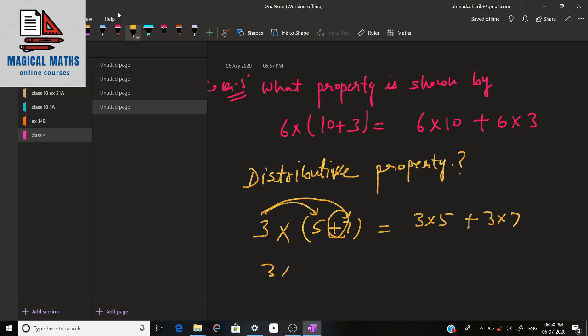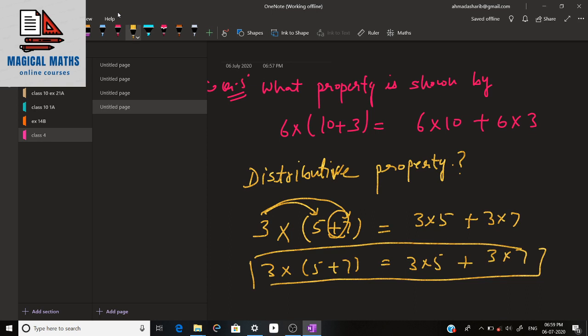So we will write it like 3 into 5 plus 7 is equal to 3 into 5 plus 3 into 7. So this property is called distributive property. Earlier I told you associative property, but this property is distributive property, and you don't have to get confused between these two properties. Okay, students? Now question 6.